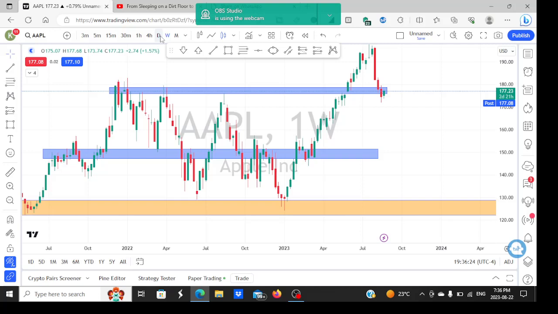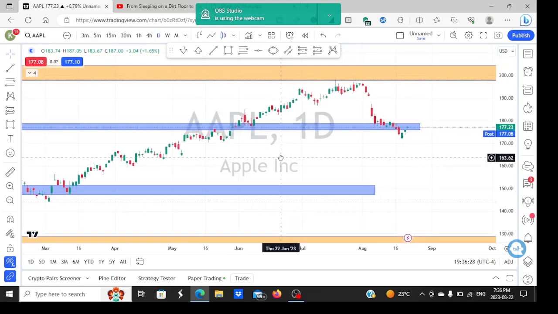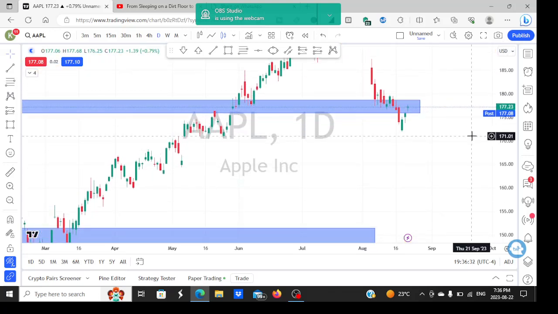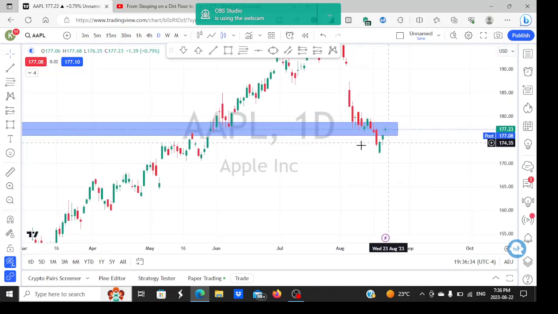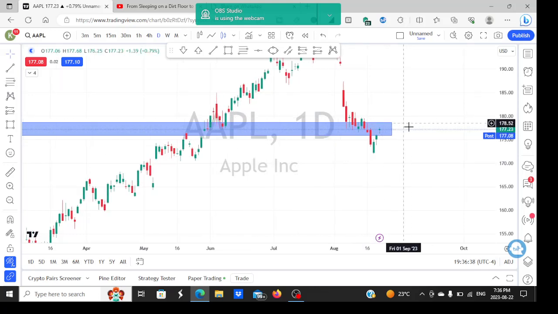Let's move down to our daily chart and see what's going on. So right now, this is Apple. Remember, this was our zone. So if we want to be more precise, we could move this down. Just mark them as our daily zone.